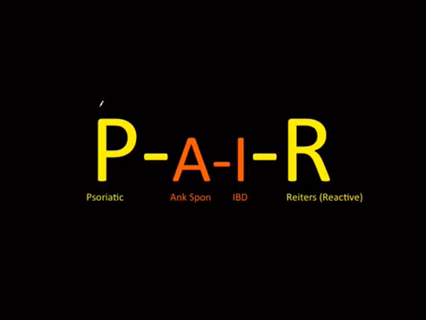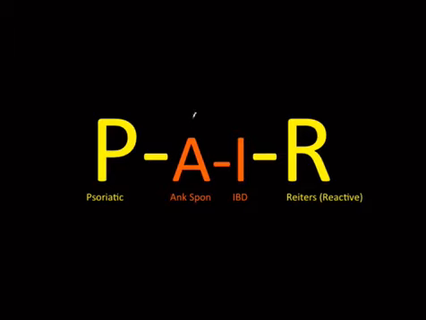So PAIR is A, B, C, D. A is first, so A for asymmetric. That's on the outside. That's one way to remember it. Sometimes I mix them up, like which ones are the symmetric, which ones are the asymmetric. A for asymmetric, P is the first letter, so that's asymmetric, and then you remember that these two go together, and then these two go together. That's one way to do it.